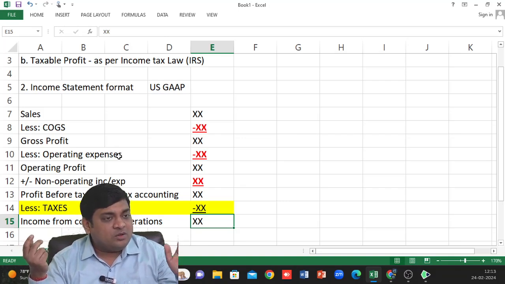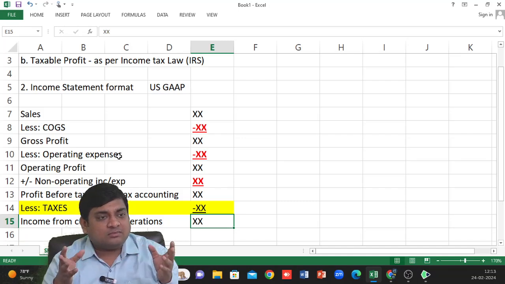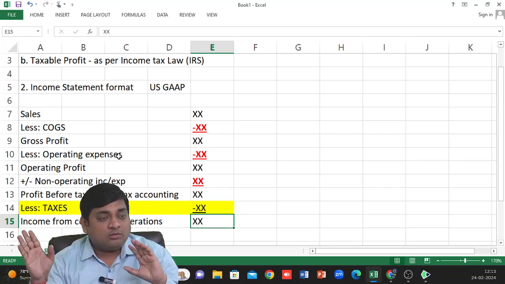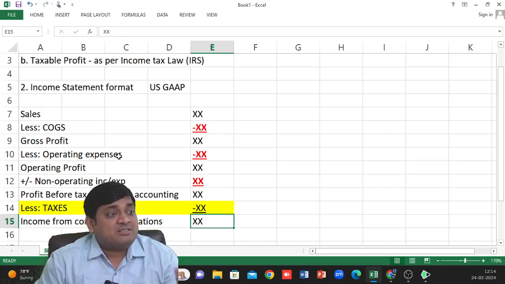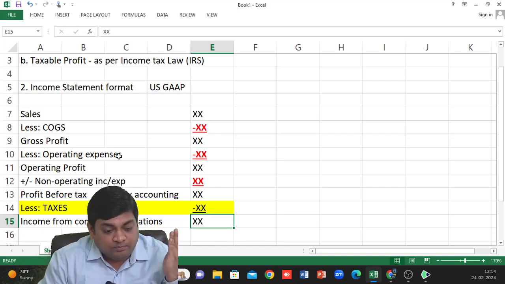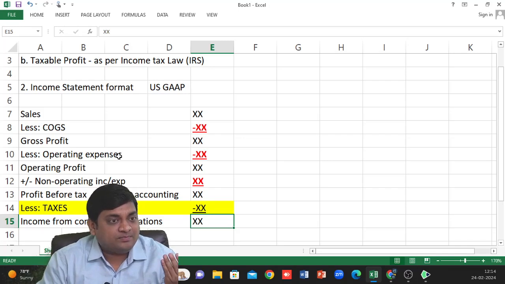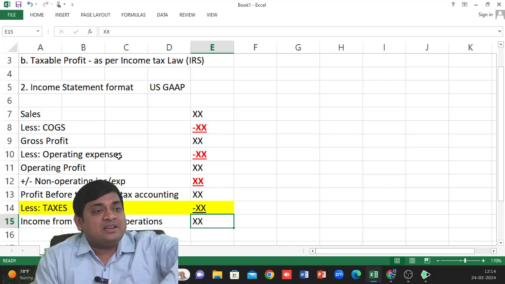Clear? So breach of contract is considered in income tax law, but penalty for violation of law, fines paid, that particular expense is never considered. So there are some expenses which are for the time being not considered by income tax law.